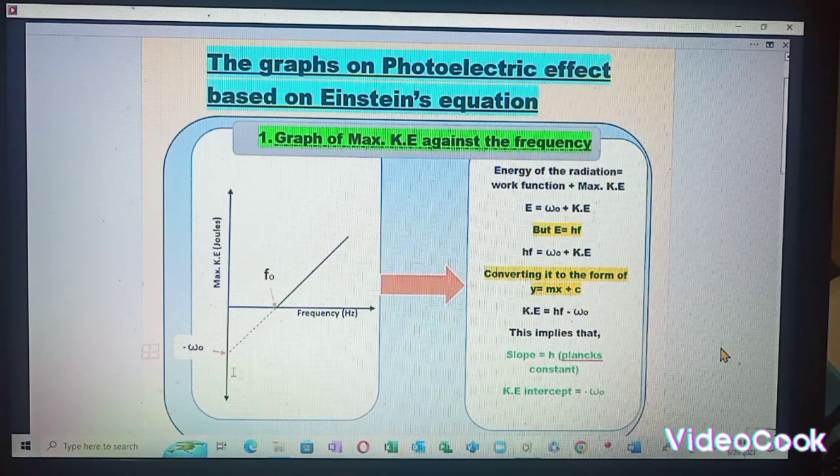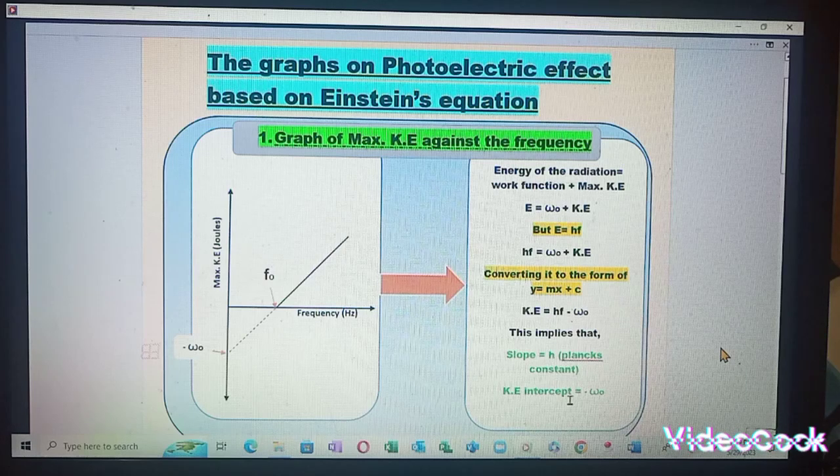In our case, negative W naught represents the kinetic energy intercept. In other words, relating to the mathematics, c represents the value we get from the y-axis, so negative W naught represents the kinetic energy intercept.